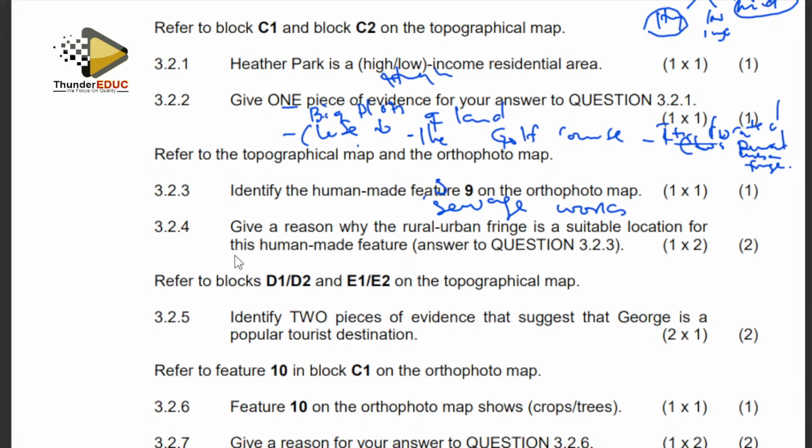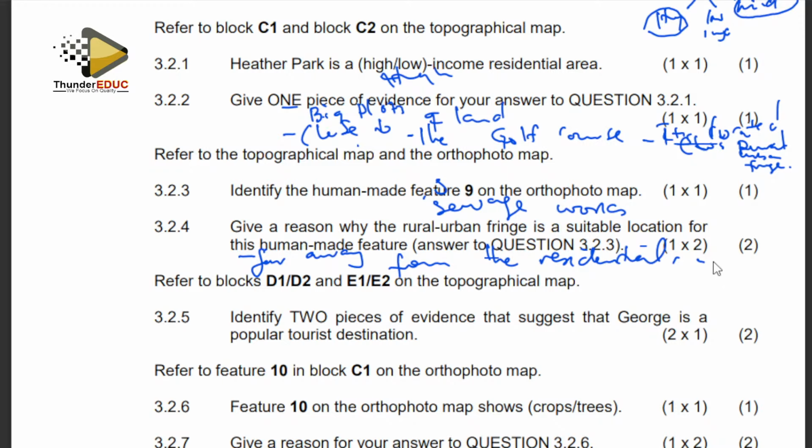Remember, sewage smells, so you can't have it close to too many people. So far away from the residential areas. Few people are located in such areas. So because of the bad odor, the odor that it gives, people stay away from it.